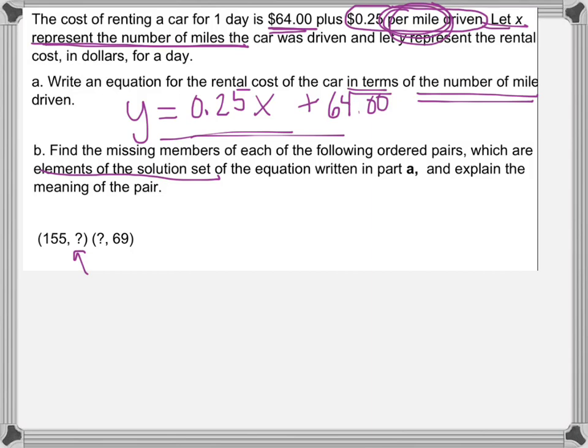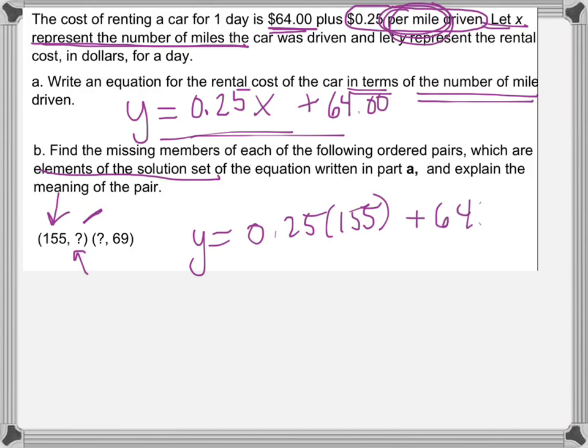So here I'm missing my Y, so here I have to put in X. Since X is the number of miles driven, it's asking you what the total cost is, right? The total cost is missing. It's asking what the total cost is if you drove 155 miles. So you have Y is equal to 0.25 times 155 plus $64.